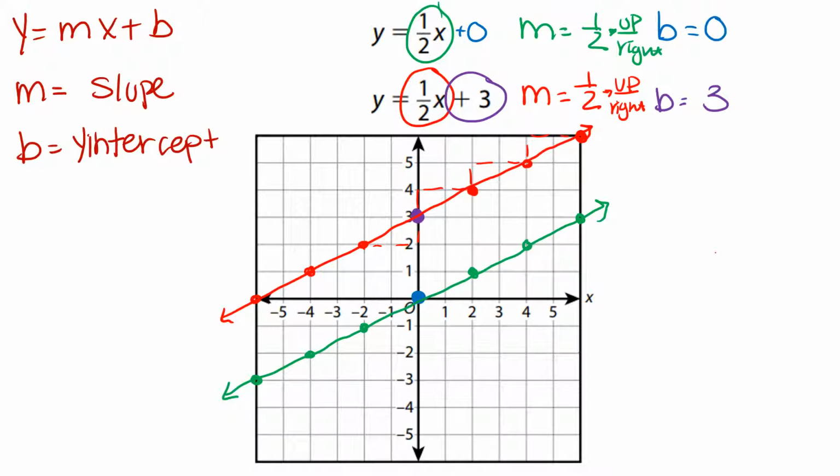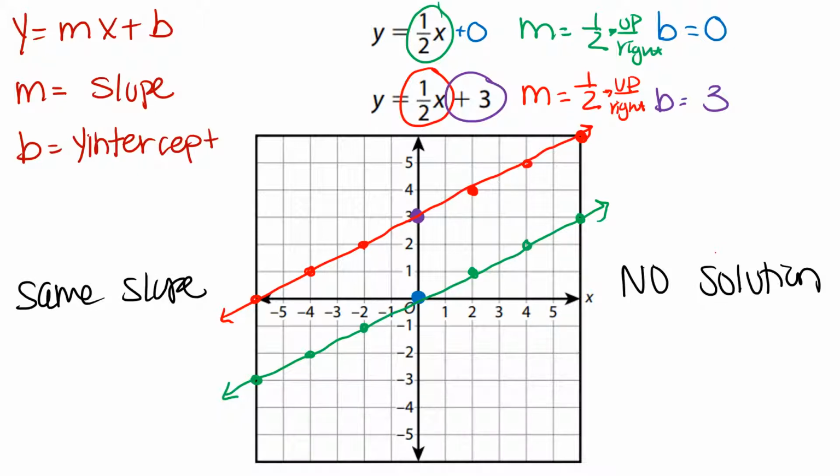Go back and erase any counting lines that you made, leaving only your points and the connected dots. We should notice that these lines do not intersect, and so this represents a no solution. When they have the same slope, it's always going to be a no solution problem.